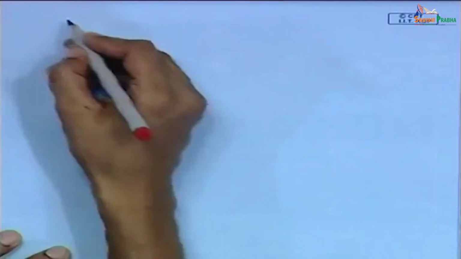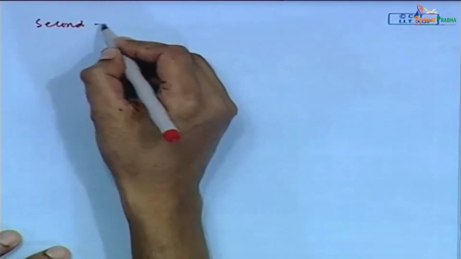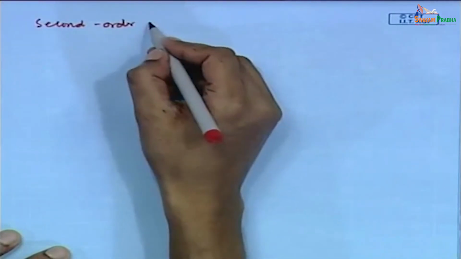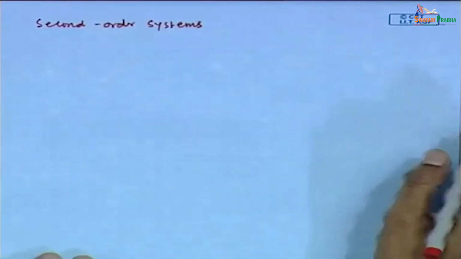Similarly, we will observe the effect of P only control on the second order system. So, next we will discuss second order systems under P only control.